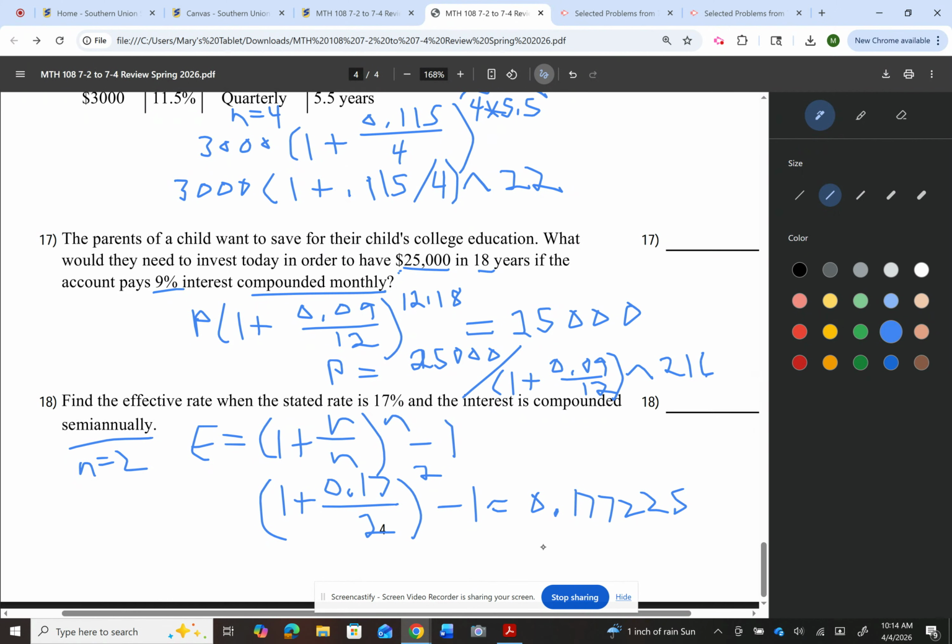When you change it to a percent, move it twice, and they might say round to the nearest tenth or hundredth, but I'm going to round to the nearest hundredth. 17.72%. So it was a stated rate of 17%, but because they calculate the interest and put it in your account where you'll earn interest on that, it actually turns out to be 17.72% when you're finished.